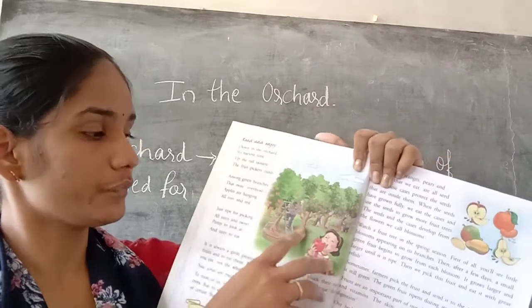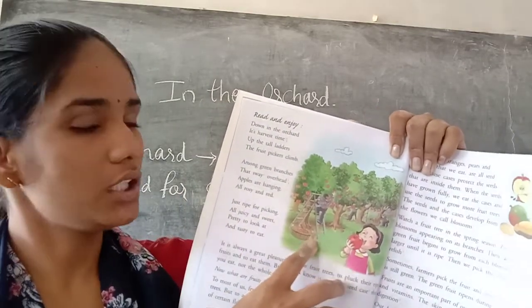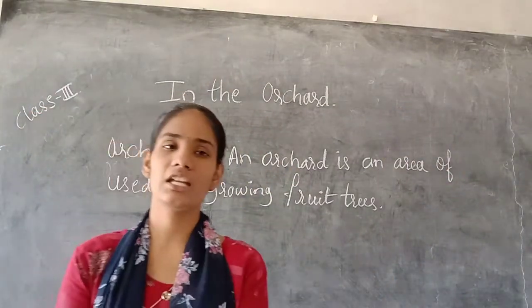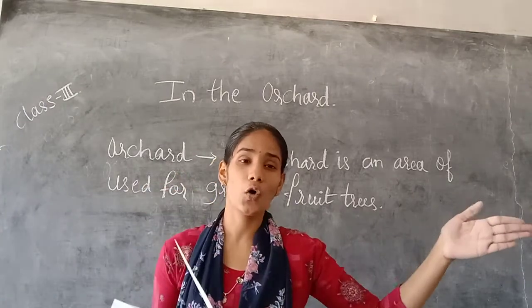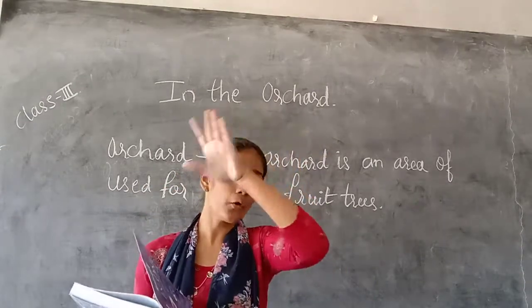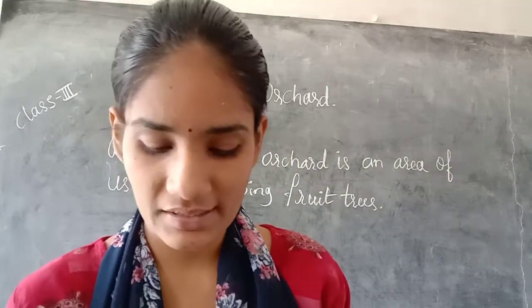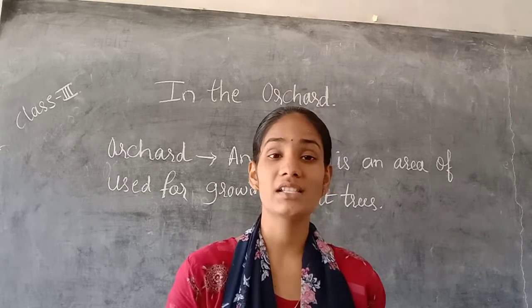So here the plucker is standing under the tree, and those green branches are swaying, moving softly over the head of the plucker. When there is wind, there is air, then what happens?